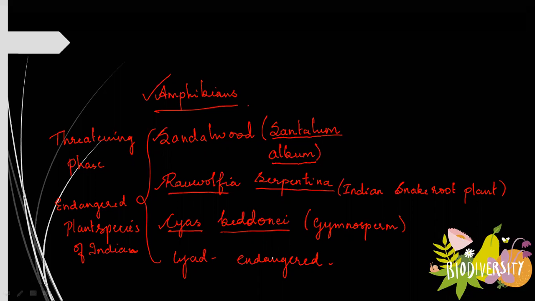These are plants prone to overexploitation, whereas the sandalwood, Santalum album, Rauwolfia serpentina, Indian snake root plant, Cycas beddomei, a gymnosperm, and cycad are the endangered plant species of India.